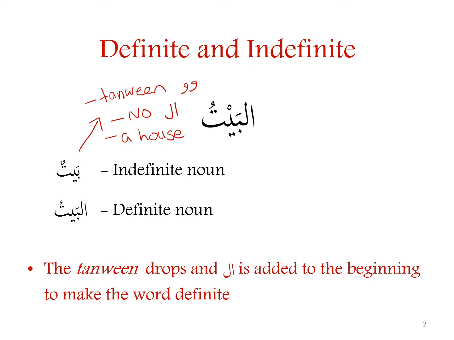Now, in this case here, the same word has been made into ma'rifah or definite. Now, how do we know this is a definite noun? Because suddenly the alif lam or definite article is added.